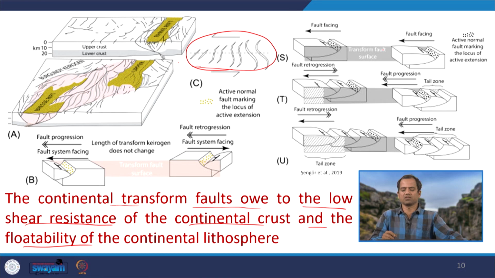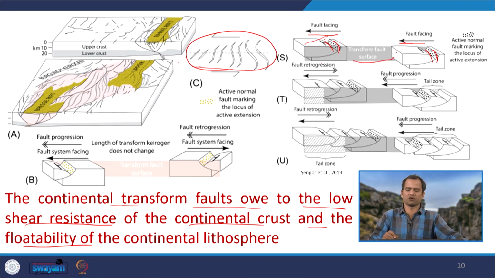Now, here if you see this fault facing, and these are the normal faults, or the extension, how they are facing. Somewhere this extension, if you see here, is extending in this way and this fault is facing in this way.